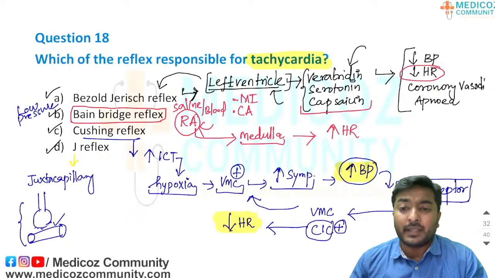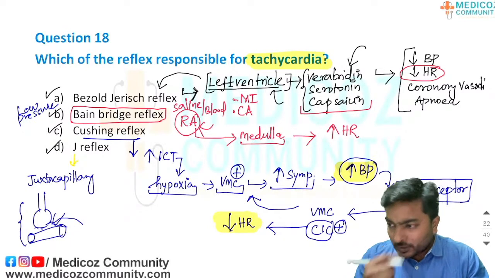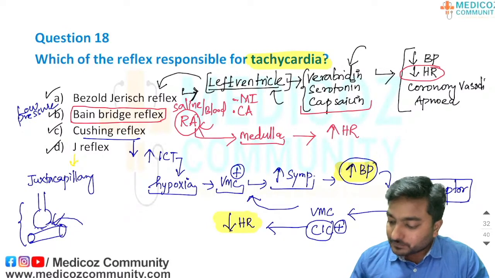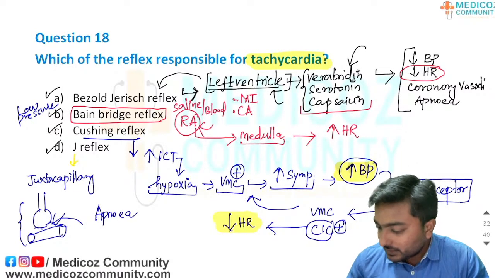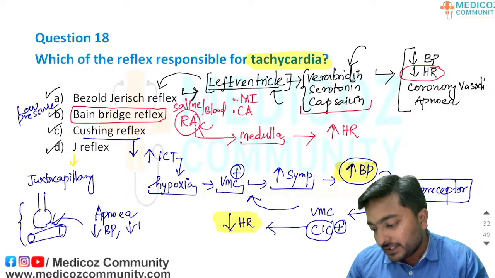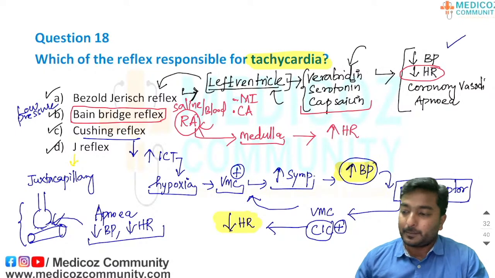For example, pulmonary edema or pneumonia, where the J reflex gets activated, and the response you will get is apnea, decreased blood pressure, and decreased heart rate. The response you will get is similar to that of the Bezold-Jarisch reflex. Okay.